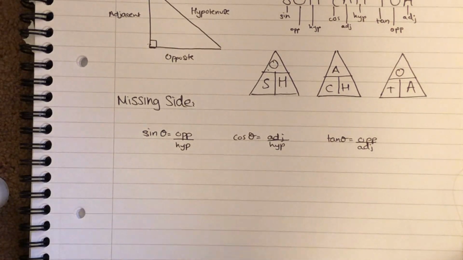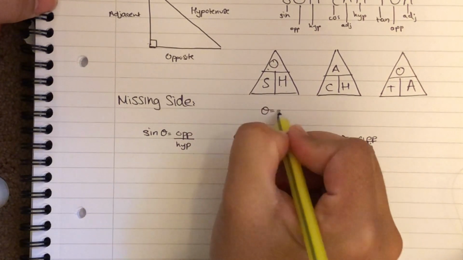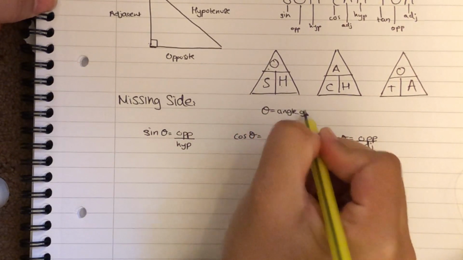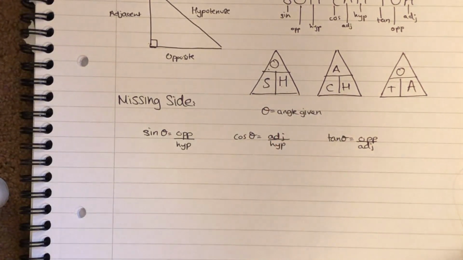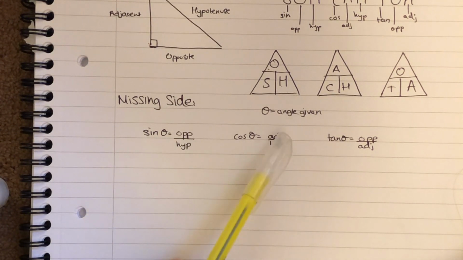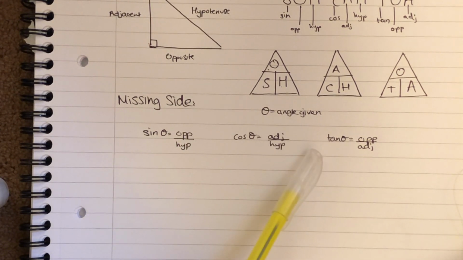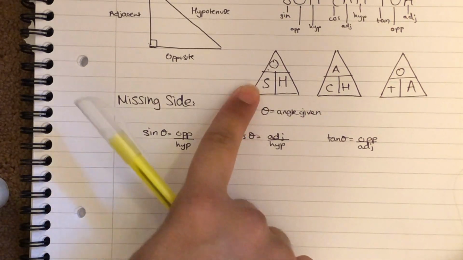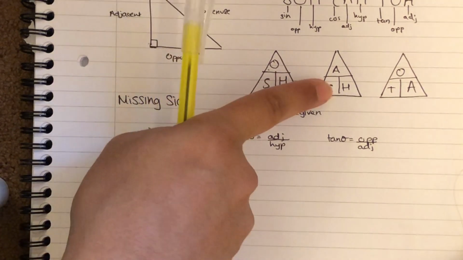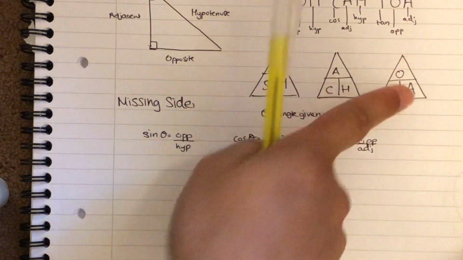Now, what does theta mean? Theta literally just means angle given. Okay, so these are my formulas. Sine theta equals opposite over hypotenuse, cos theta equals adjacent over hypotenuse, and tan theta equals opposite over adjacent. If you're struggling to remember them, draw it out like this: S equals O over H, C equals A over H, and T equals O over A.